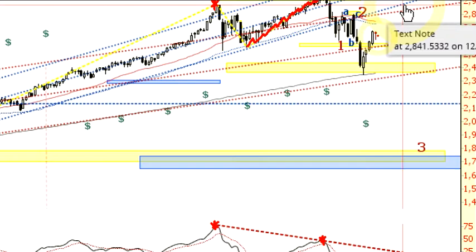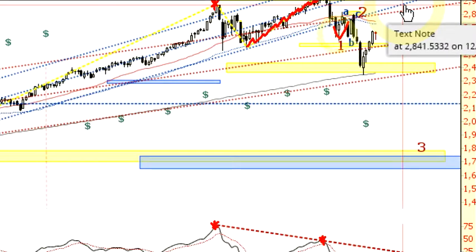This was last week, this was the week before, this is the last time we spoke. I had an area where I thought resistance could be, and we pretty much blew through that. I can talk about why I put the resistance there. It has to do with this pivot.